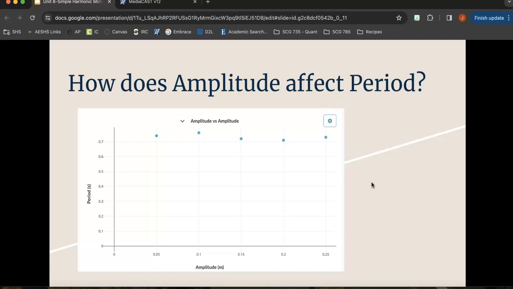So the way you want to figure out what kind of relationship this is, you don't want to just put a curve fit on your graph. What you want to do is look at the data and say, does this data fit the shape of the graphs that I know? So I know a quadratic graph, for example, looks like this. My data does not match a quadratic, so it's not a quadratic relationship.